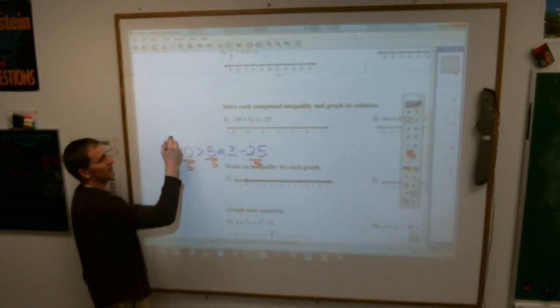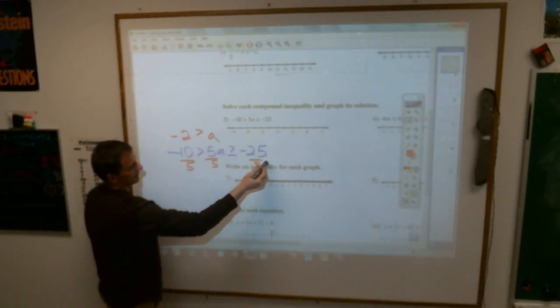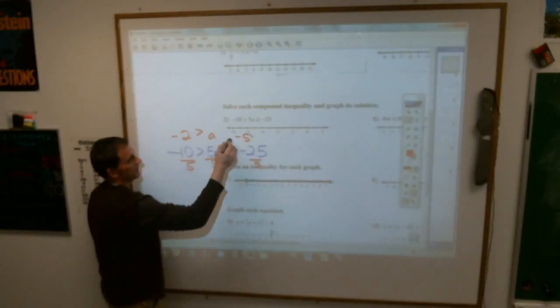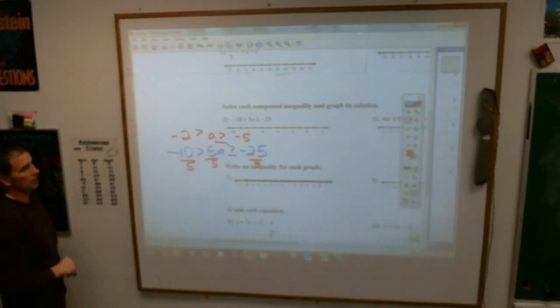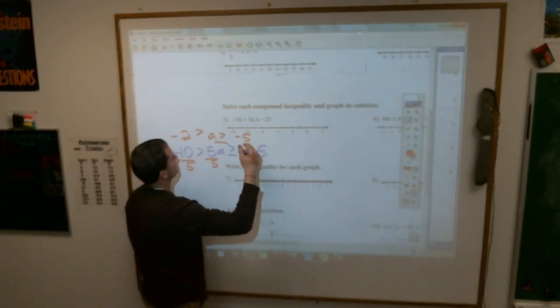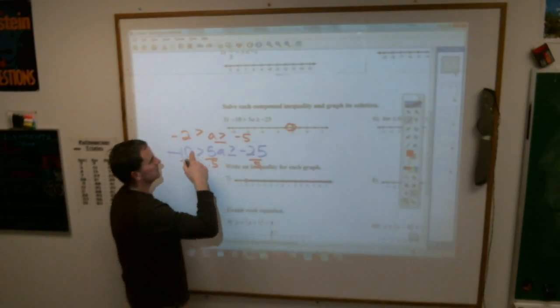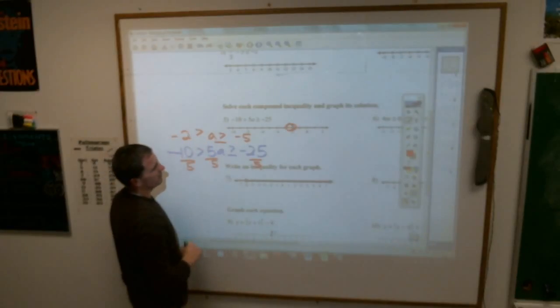Negative 10 divided by 5 is negative 2. Sign stays the same. Negative 25 divided by 5 is negative 5. Sign stays the same. Negative 2 is an open circle, not colored in because there's no equal line. We have that backwards. Negative 2 is greater than this.